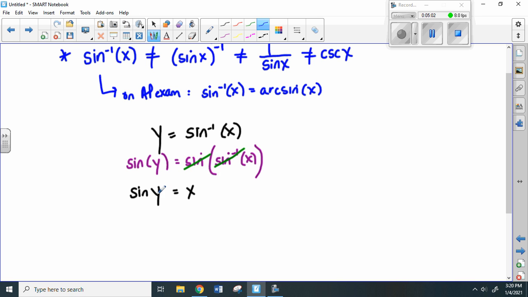I'm going to take the derivative of sine of y, which gives me cosine of y, but again, I need to multiply that whole thing by dy over dx, because I'm taking the derivative with respect to x. And then on the right, I just get a 1. So I can quickly finish that.